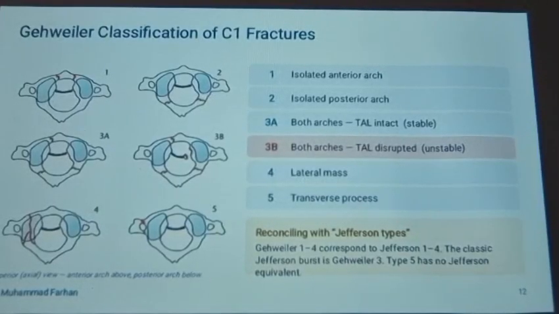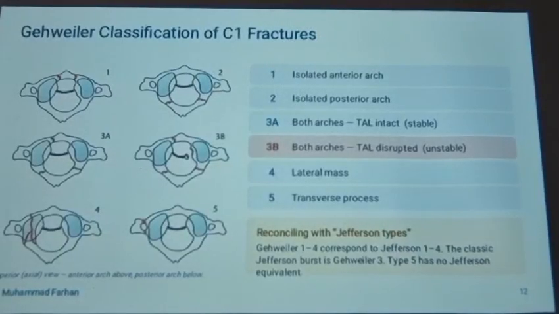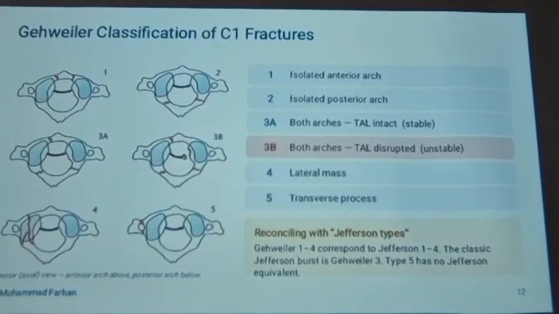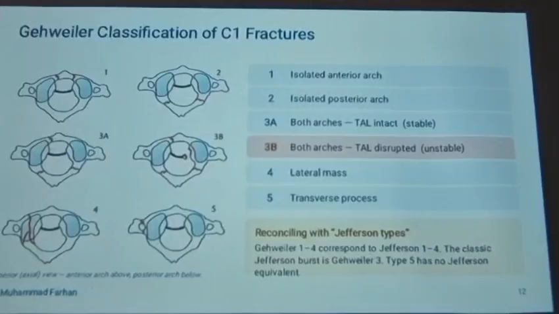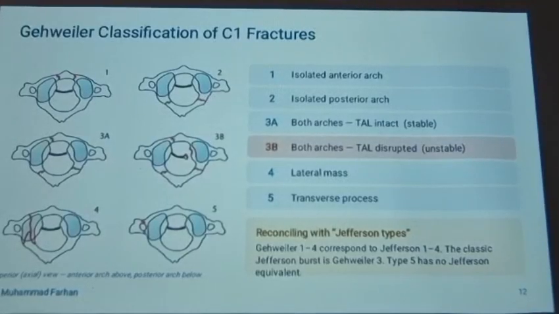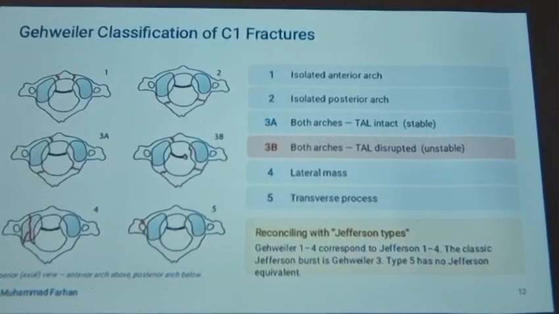So for the anterior and posterior fractures in class 1 and 2, there may not be a need for fixation or surgery, and usually conservative management or immobilization by external halo or rigid collar can be done, and the fracture heals itself. Then if there is a fracture of both anterior and posterior arch, there may be associated transverse atlantal ligament injury.